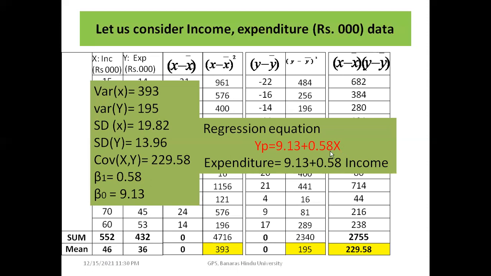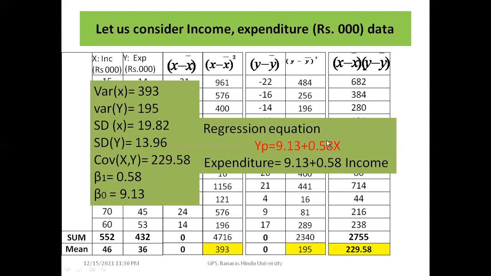Now these numbers, this 9.13 and this 0.58, have some meaning. What do they infer? Y is expenditure in 1,000 rupees, and X is income in 1,000 rupees. What does this 0.58 say? It says that if you increase X by 1 unit, there will be an increase in Y by this much.